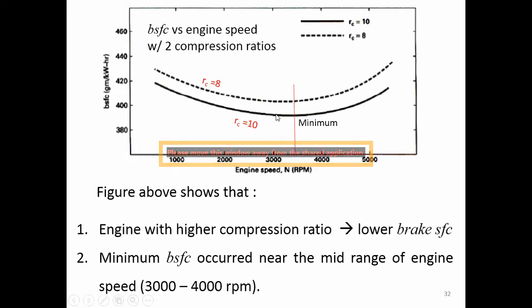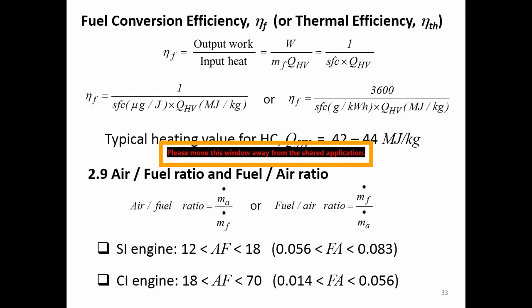It's near the mid-range of your engine, somewhere between 3,000 to 4,000 RPM. This information is also for you to test your engine. When you design your engine, you build it, you run it, all of these numbers are the checking numbers for your engine.